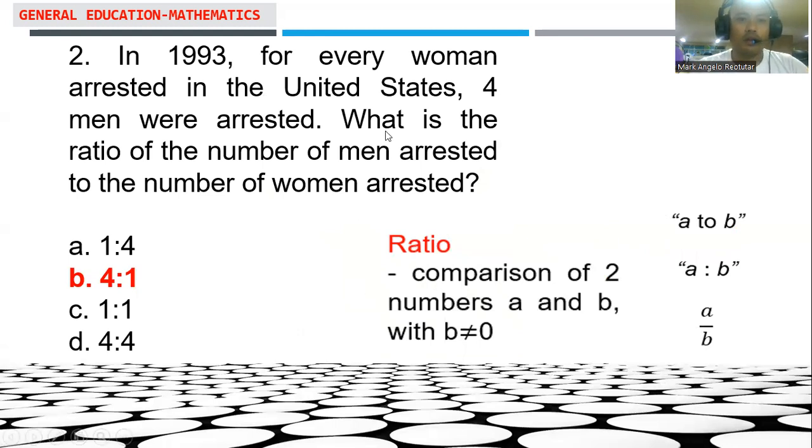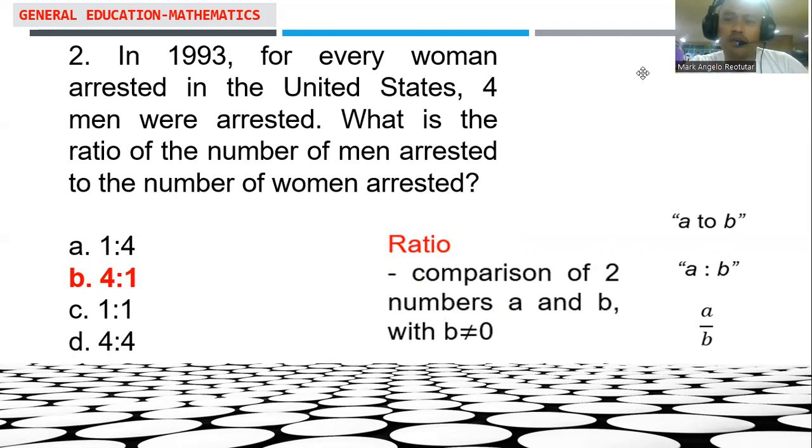In 1993, for every woman arrested in the United States, 4 men were arrested. What is the ratio of the number of men arrested to the number of women arrested? The idea here is all about ratio. This is an application of a ratio.